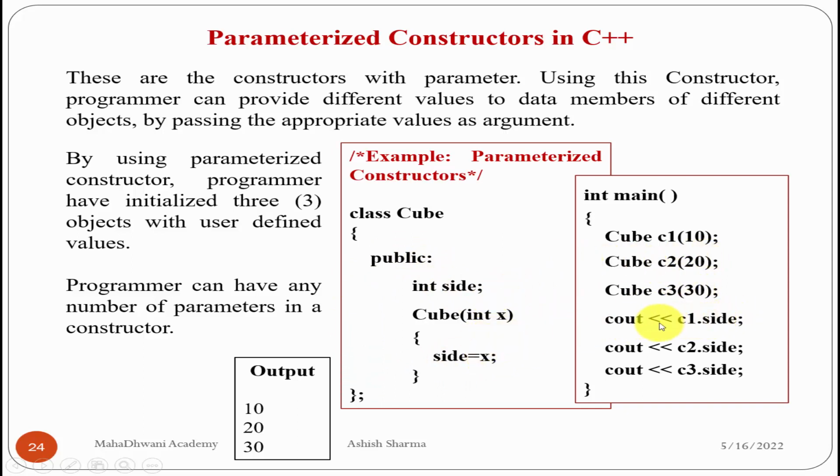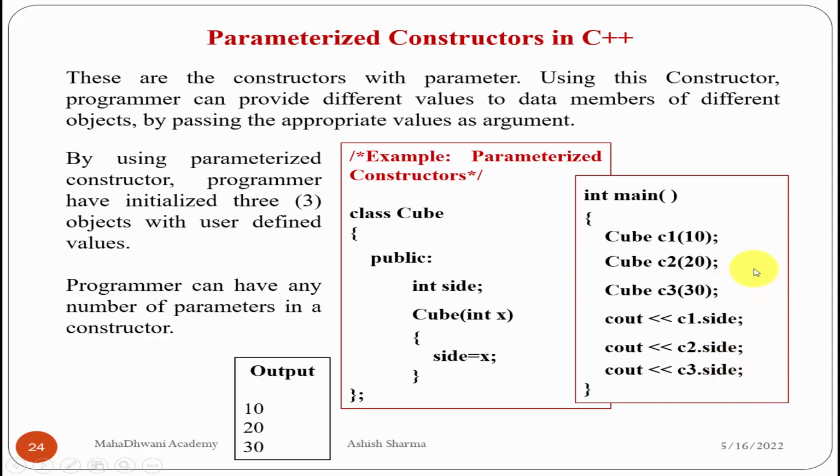So we will have values like this. c1, c2, c3 will have different values, and it will call the constructor of the cube class 3 times, because the first call is for c1, the second for c2, the third for c3.